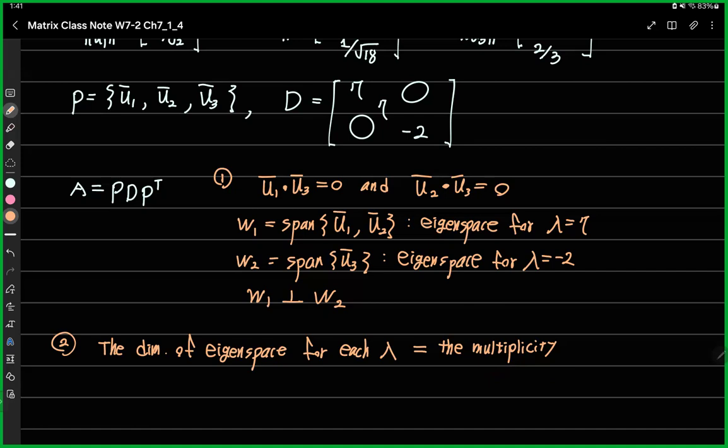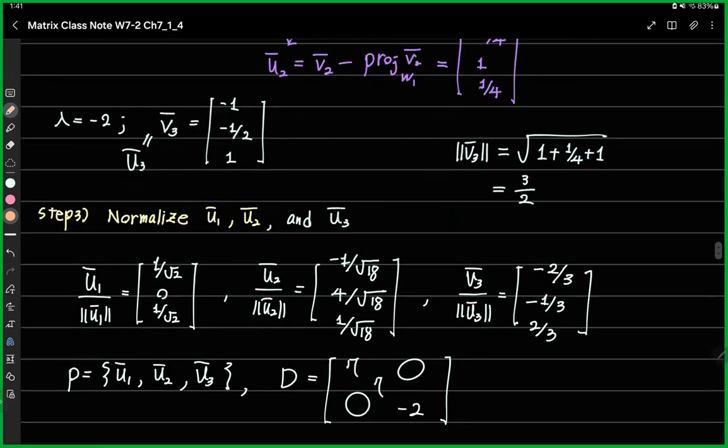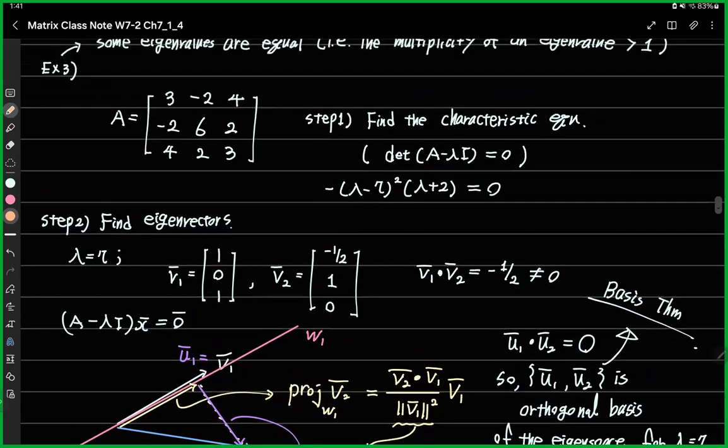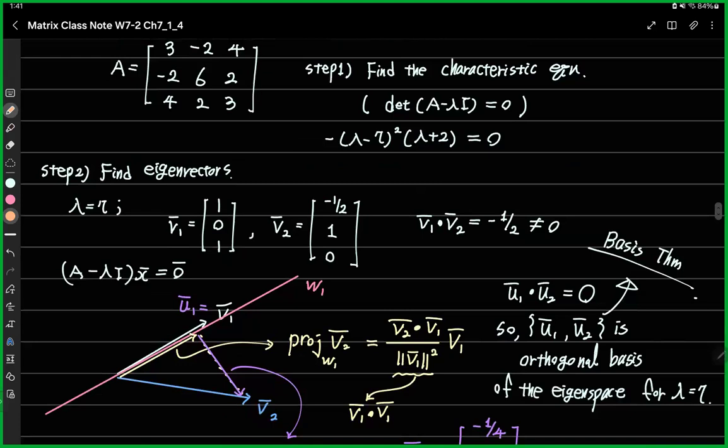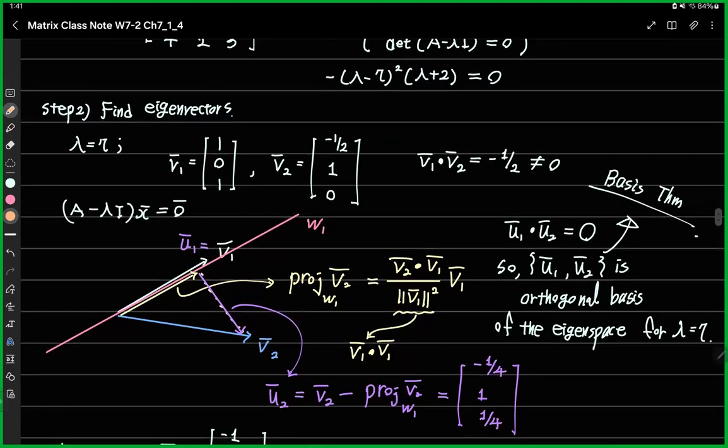How can you see this from the example? I mentioned that the number of eigenvectors cannot exceed the multiplicity.